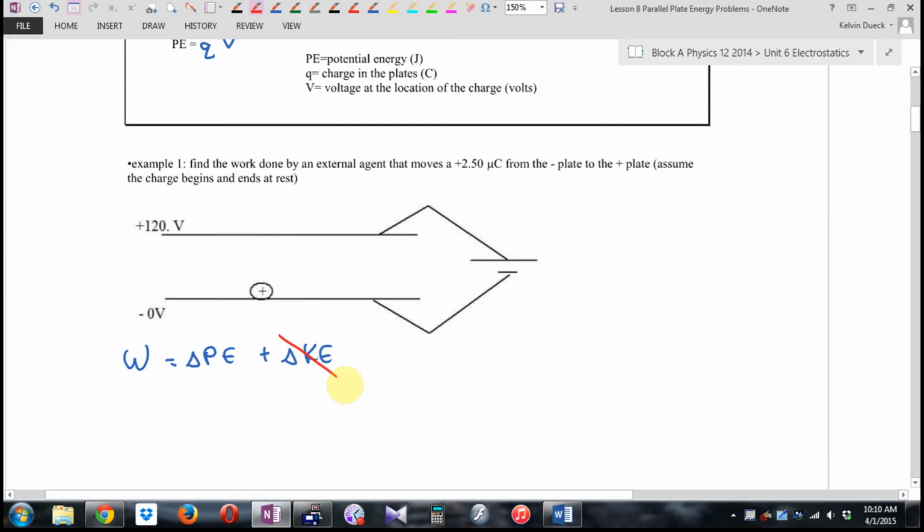And then say, what's changing? Final minus initial. Actually, I think it's going to be Q times the change in voltage. That has a built-in final minus initial because there's a delta in there.